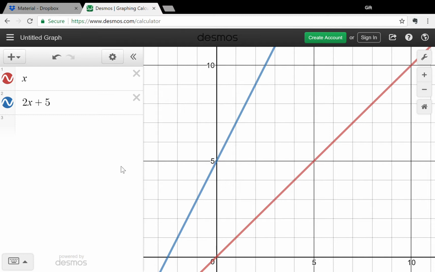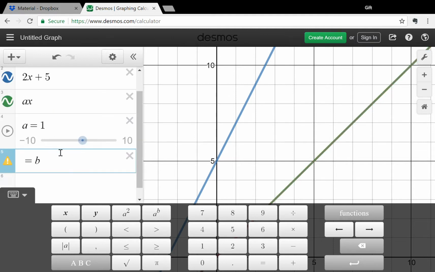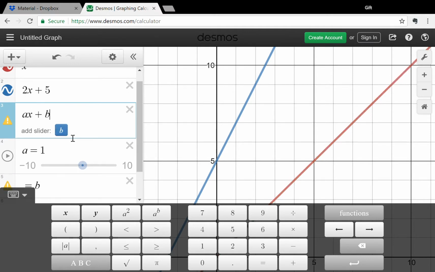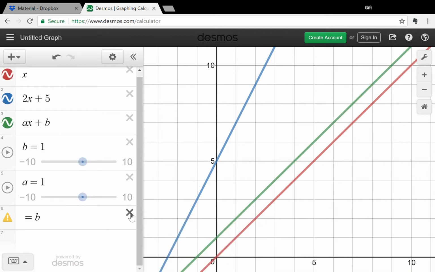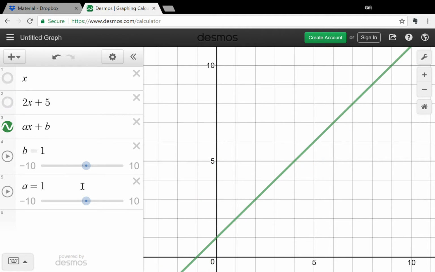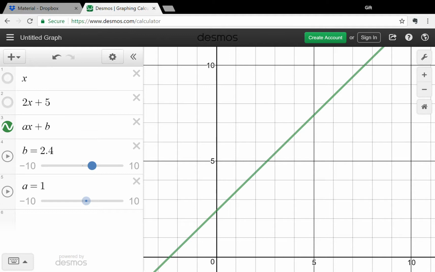So that makes sense. Now, generally, if I try to draw a general graph of a function ax plus b, this is what you're going to get. So you get the green line. Let's do the b first. The b is the easier one. The b value tells you where your graph intersects the y-axis.